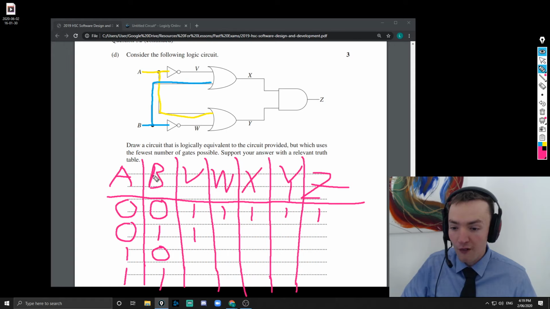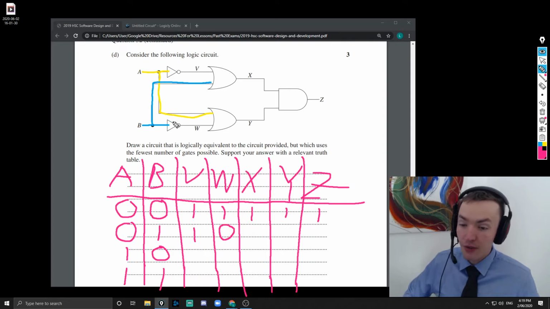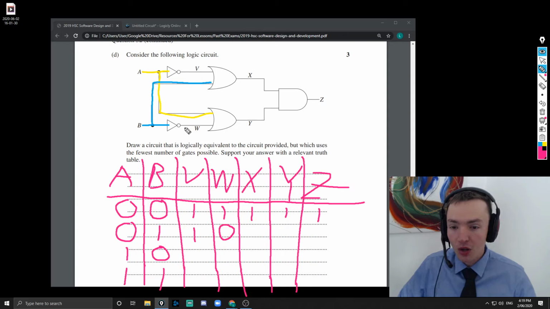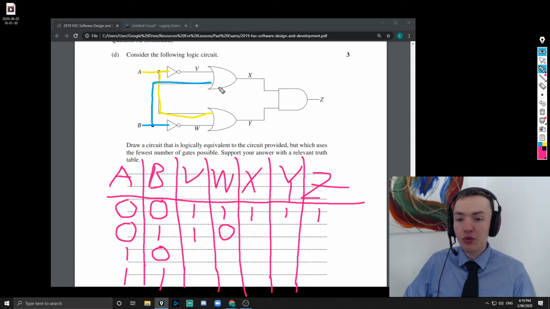Now W, if B is on, then the signal would get inverted, so that means W would actually be off. Because the signal's inverted, remember, so it would be off. So then let's go to X. So X, we know that V is on, so we don't even have to look at the other input. If V is on, then we know that X is on as well. So too easy. So now we look at Y.